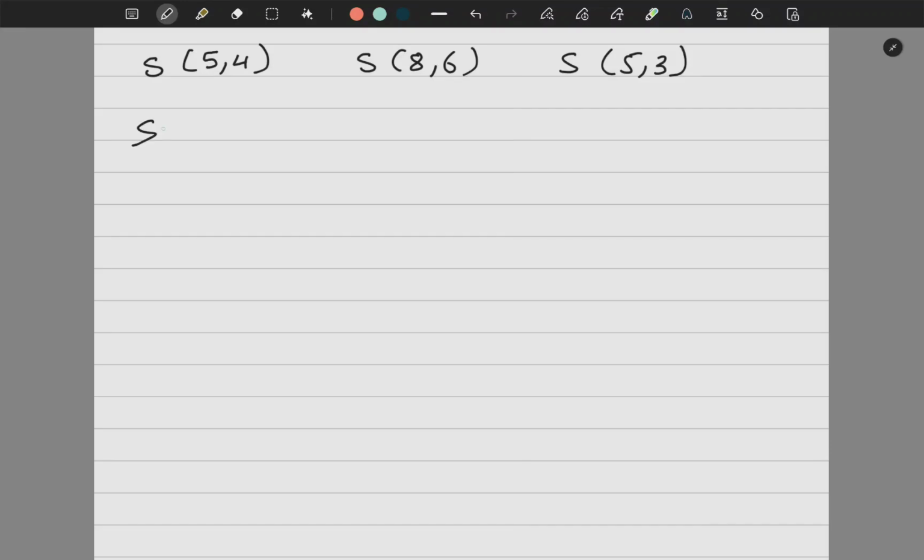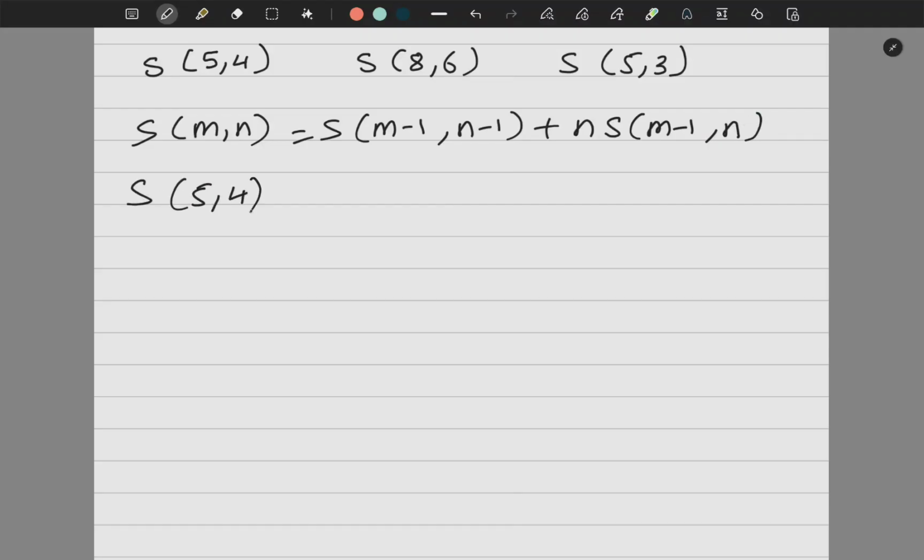I know that S(m, n) is equal to S(m minus 1, n minus 1) plus n S(m minus 1, n). So S(5, 4) is equal to S(4, 3) plus 4 S(4, 4). Correct? Now here this value I know it is 1, but I need to find this value.